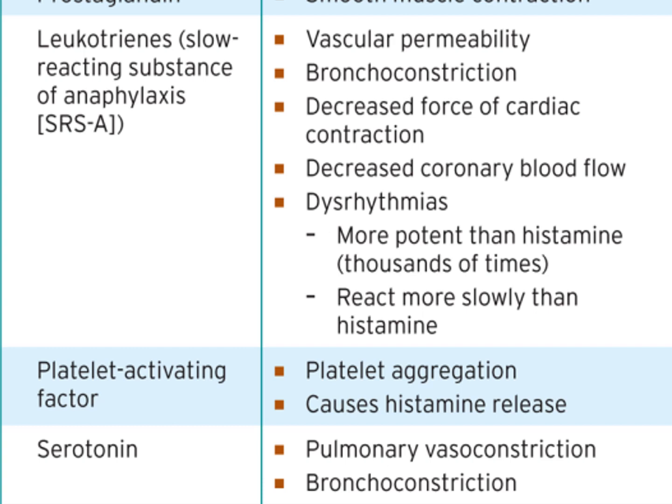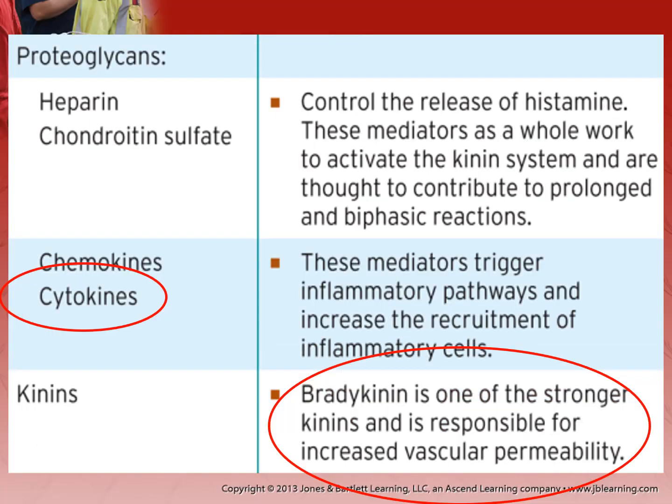Here it says it's more potent than histamines, thousands of times, and then it reacts more slowly than histamines. Kind of don't go together, but all we have to know is leukotrienes, a lot like histamines, react more slowly, stay longer. Platelet activating factor, so platelet aggregation, which is going to cause histamine release, and then serotonin, which is pulmonary vasoconstriction, bronchoconstriction, and then as we keep on going down, we're going to get heparin.